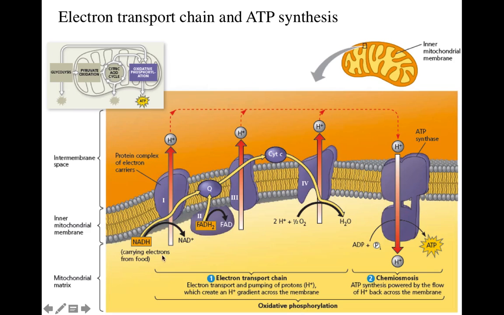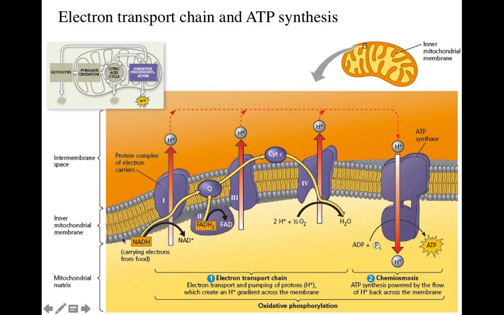The electron transport chain consists of basically four immobilized or fixed protein complexes. This is complex 1, this is complex 2, this is complex 3, and this is complex 4, and two mobile electron carriers. So what happens basically, that we have studied that electrons are being carried by NAD and FAD.